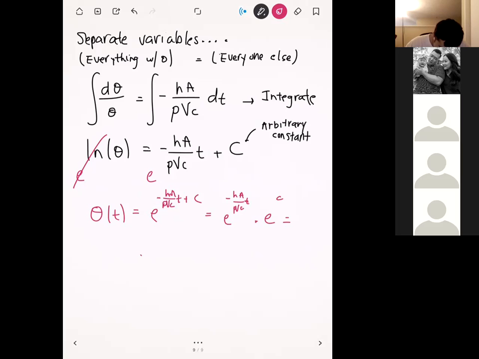So in the end, theta of t is equal to a, which is another constant, times e to the minus hA over rho V C t.